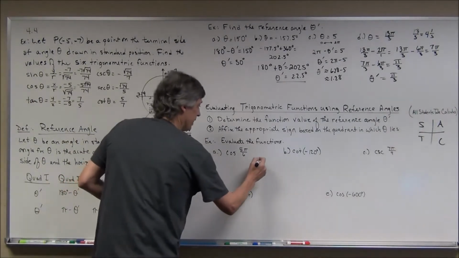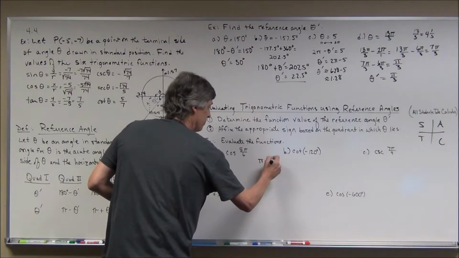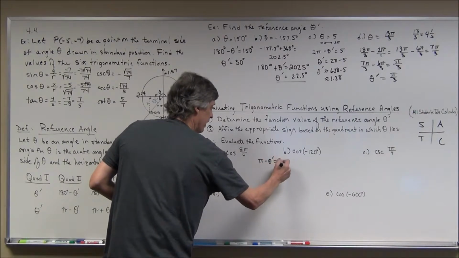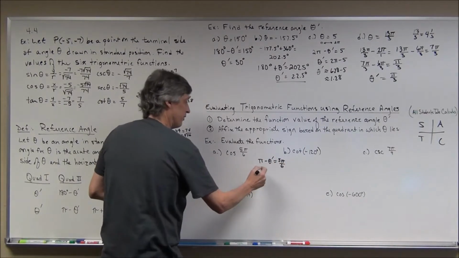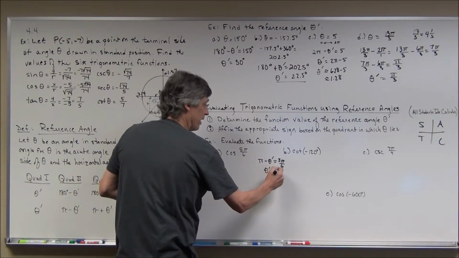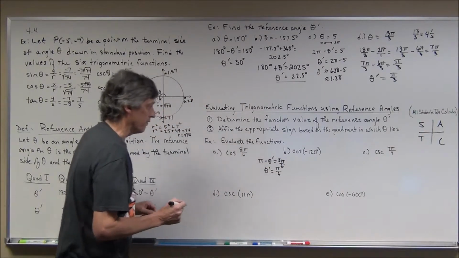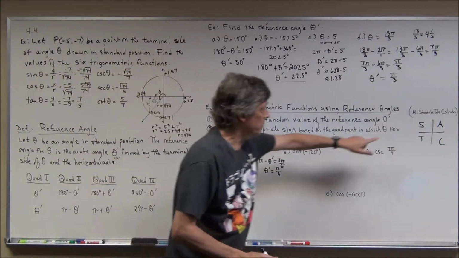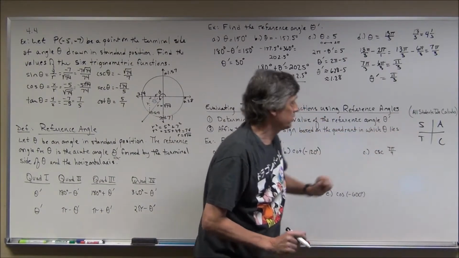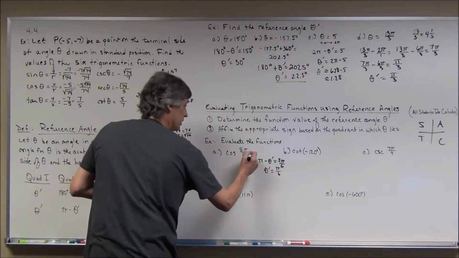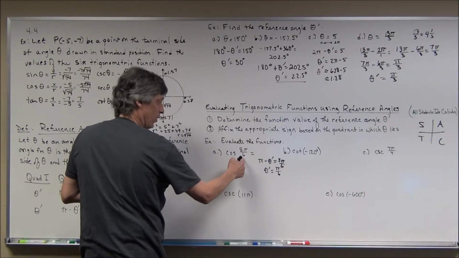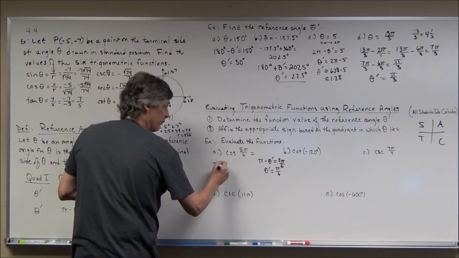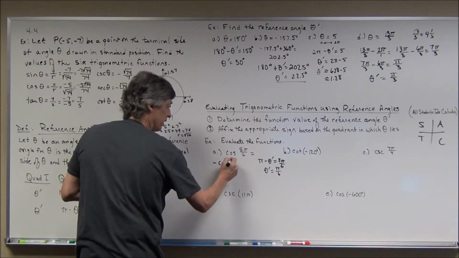So I'm saying that pi minus theta prime equal to 5 pi over 6 means that theta prime is going to be pi over 6. Do the arithmetic there. Solve that equation. And then in the second quadrant, remember cosine in the second quadrant is negative. So what I'm going to tell you is that the cosine of 5 pi over 6 is negative the cosine of the reference angle.